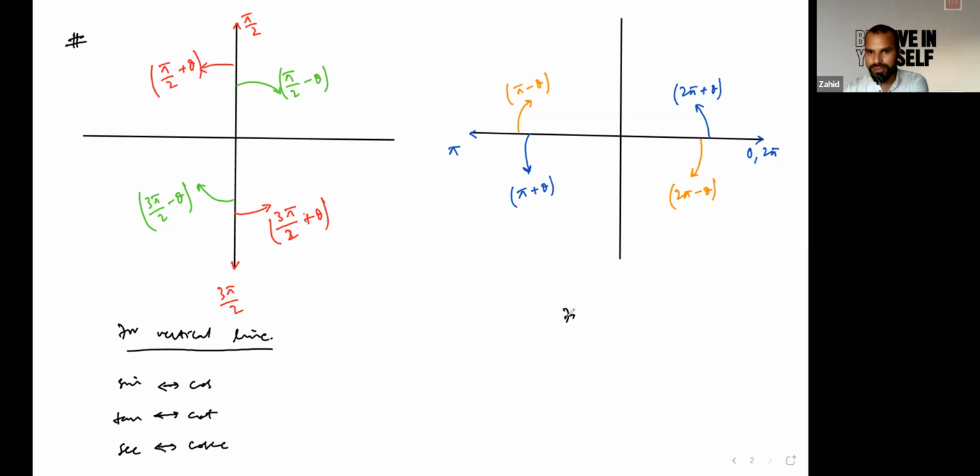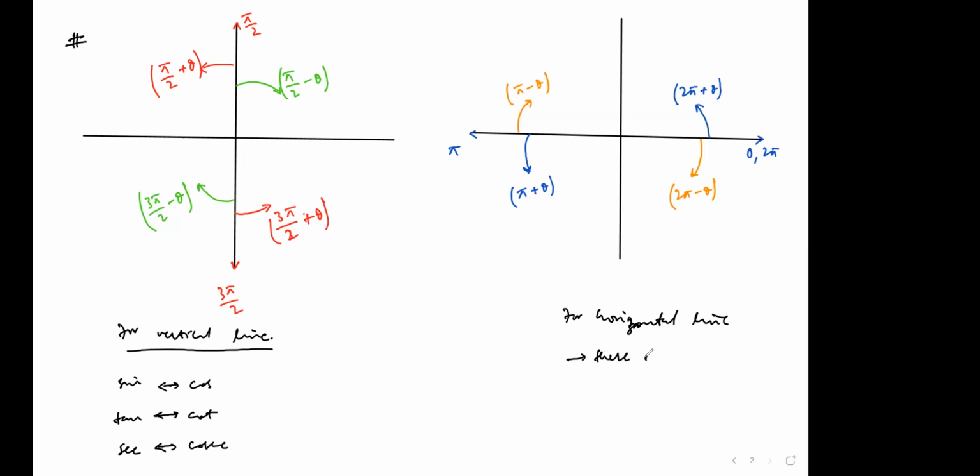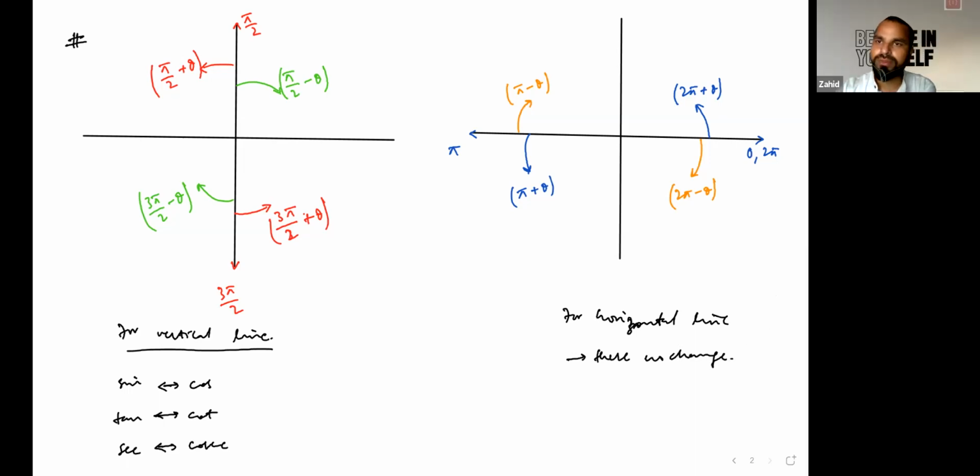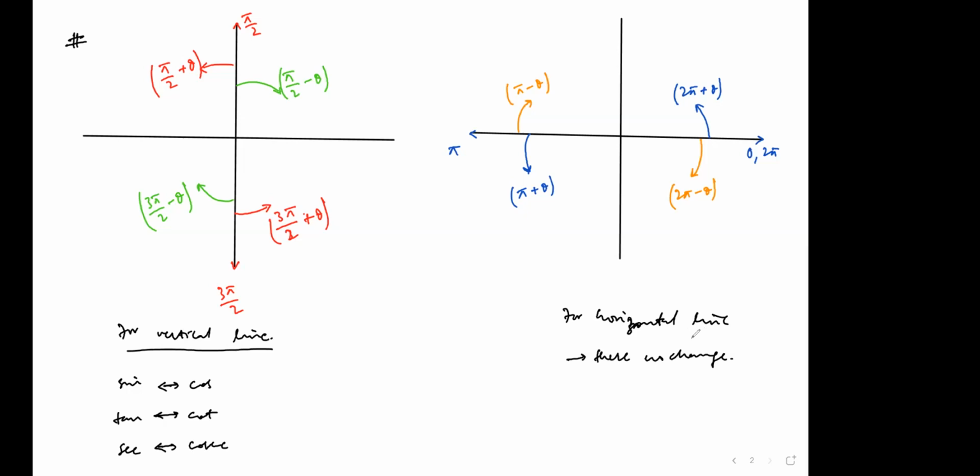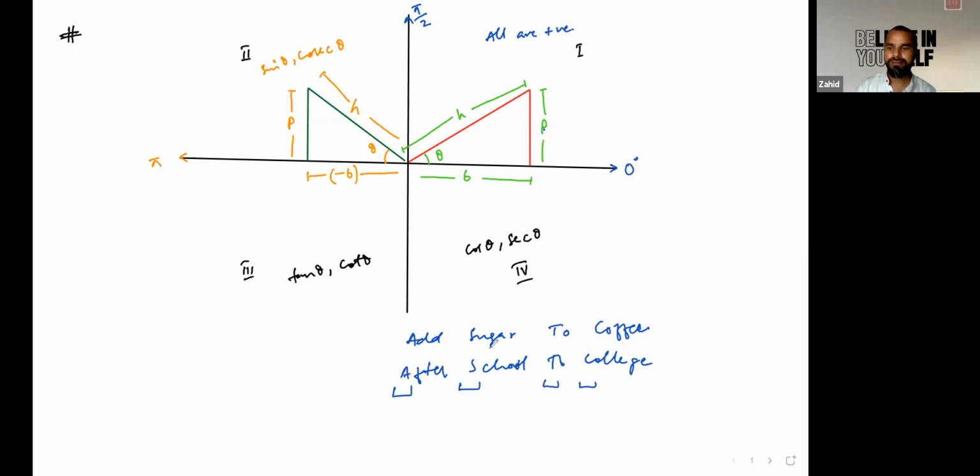But for horizontal line, there is no change. It means sine changes into sine, cos changes into cos, tan changes into tan, and so on. First of all, just write it down, this part.